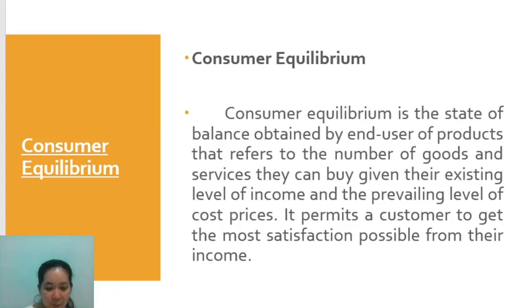So here, consumer equilibrium is also a situation when the consumer spends his income on the purchase of one or more commodities and he gets the maximum satisfaction, okay, and has no urge to change this level of consumption given the prices of commodity. So meaning regardless of the prices, their demand will still remain the same.